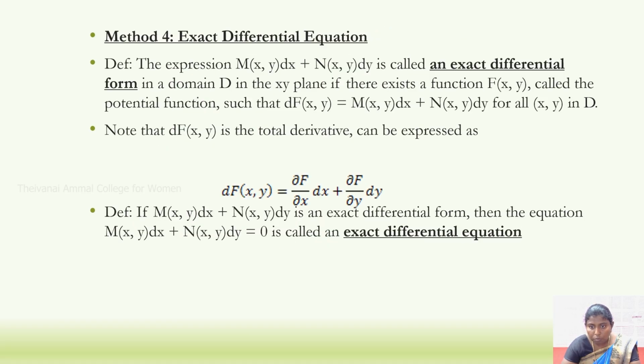Which means that if m of x comma y dx plus n of x comma y dy is an exact differential equation, then the equation m of x comma y dx plus n of x comma y dy is equal to 0 is called exact. This is also a definition of the exact differential equation.